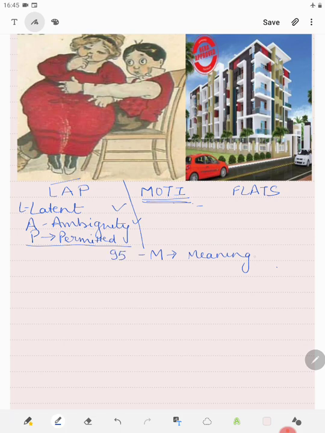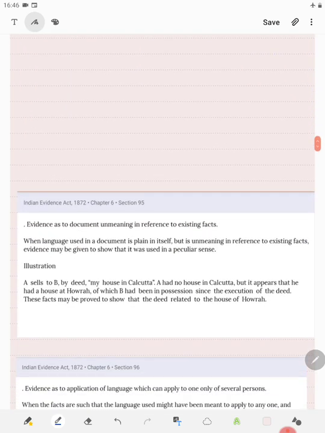What section 95 says is that when on plain reading the document does not have a clear meaning, or it is unmeaning, then in that case latent ambiguity is there and evidence is permitted. You will understand it more easily. First, let us see the examples.